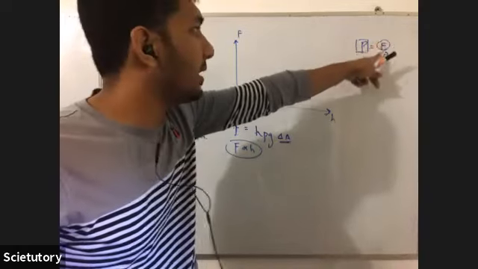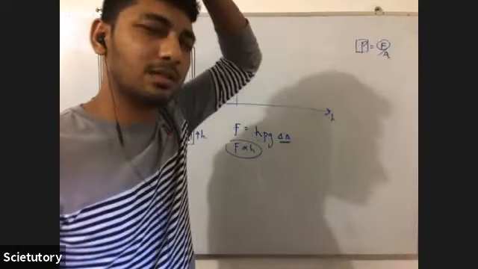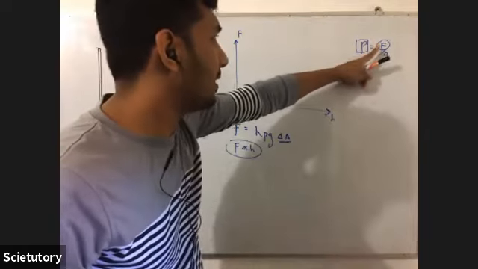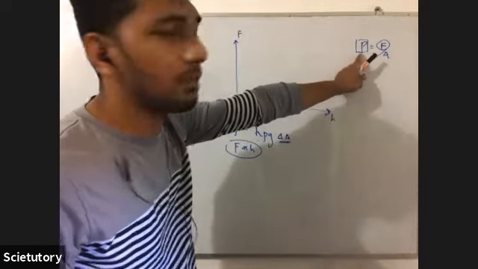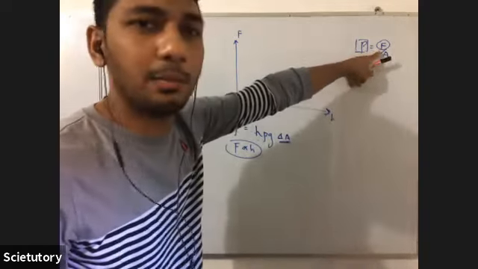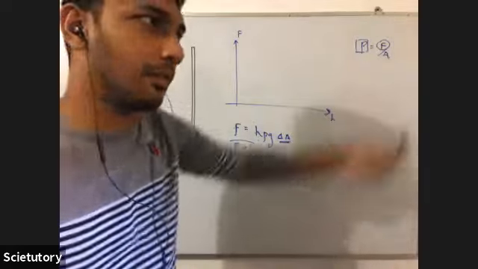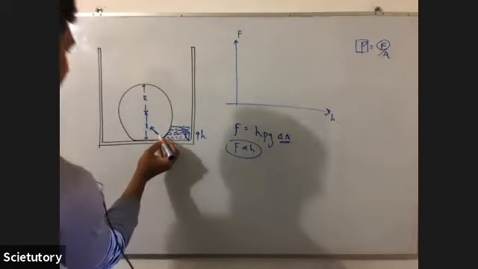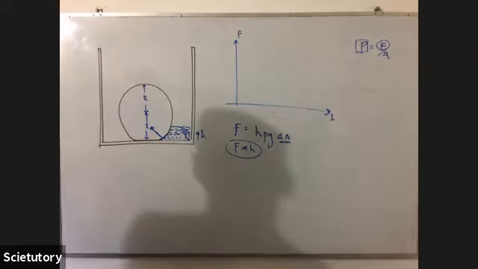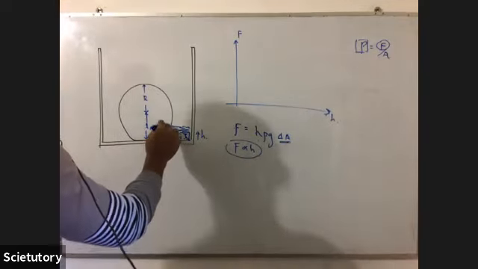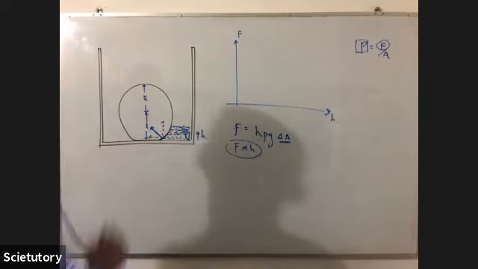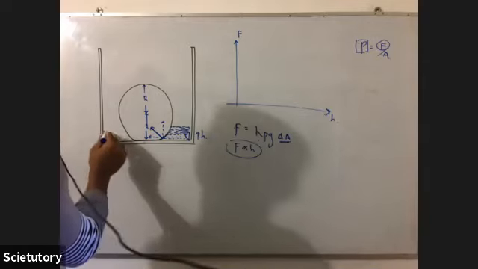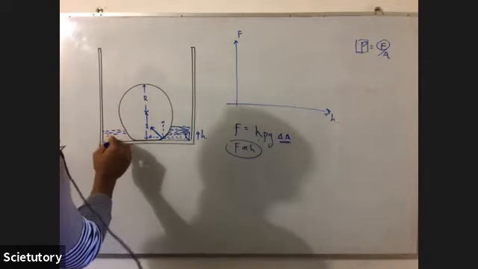So that force will be perpendicular to the surface because that's the force that we consider. Okay, so this will be in this direction. So it has a vertical component and a horizontal component. Okay, so this side is also like that.